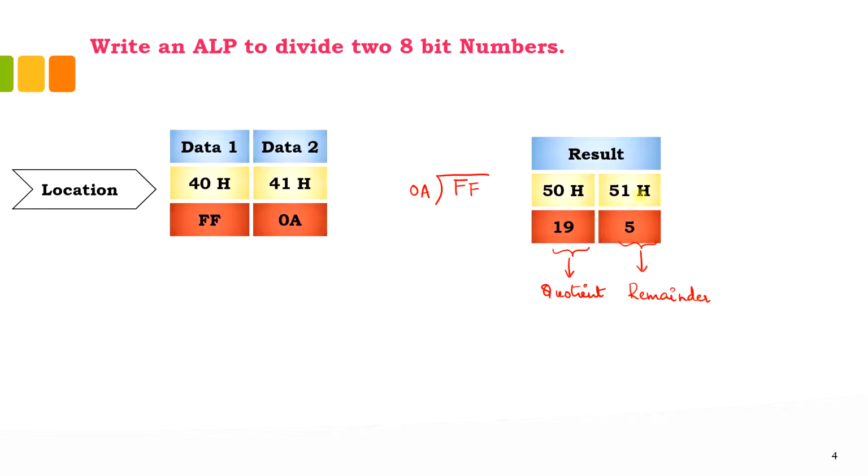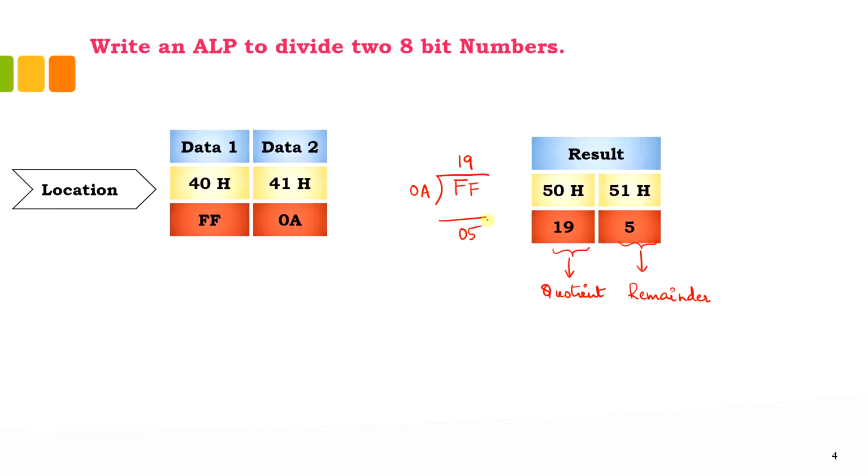So 50H and 51H correspond to the memory locations where the results will be stored, and this is the result obtained on division. So 19 is the quotient and 5 is the remainder. When you divide FF by 0A, you get 19 as the quotient and the remainder is 05.